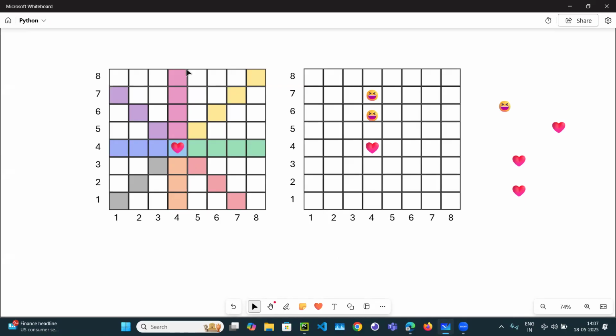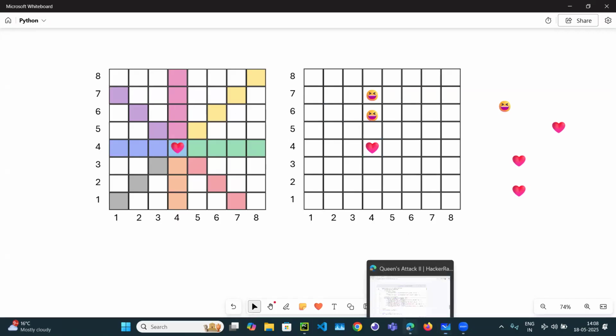So always first try with pen and paper, because you need to return the sum of all the variables, so there should be 8 variables. Let me try: there is no obstacle, how are you going to calculate? Calculate using n minus row, column minus row, something like that, and update that variable. If there is an obstacle, how are you going to calculate that? If there are multiple obstacles, how are you going to do that?